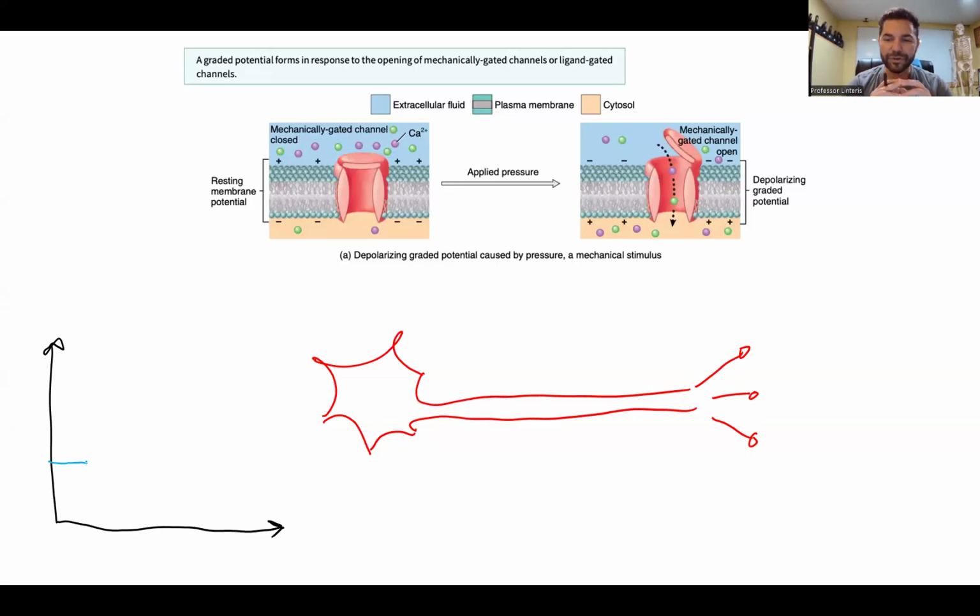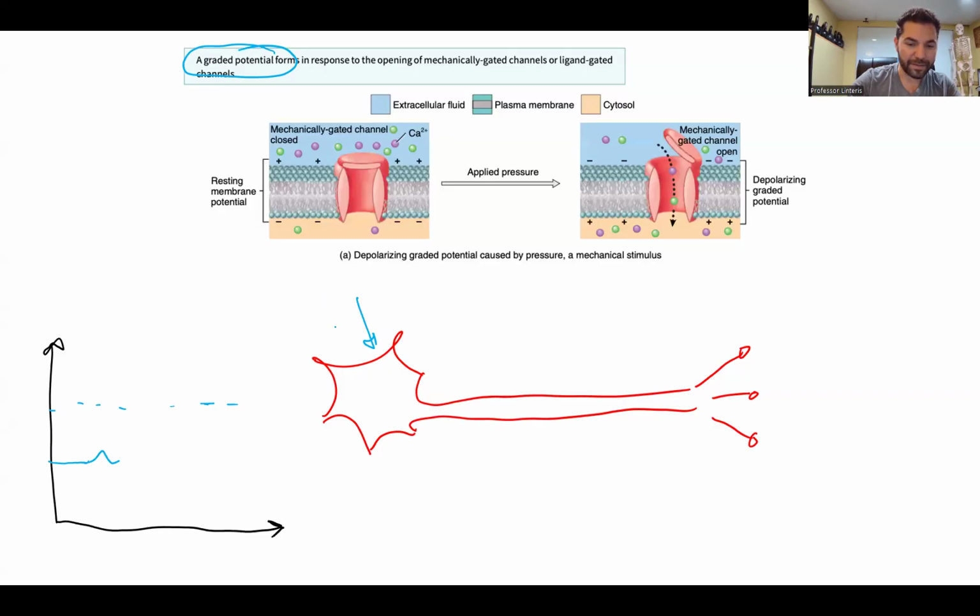If I were to poke this thing and make it depolarize, it would go bloop, and nothing happened. So a small localized change in membrane potential is called a graded potential.